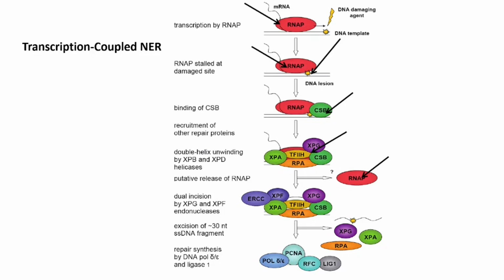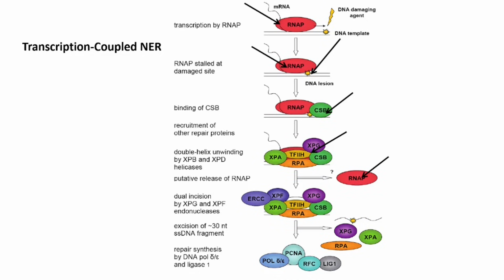Thus, the fact that non-coding lesions such as pyrimidine dimers and 3-methyladenine block transcription as well as DNA replication is useful to the cell in that these lesions stall the transcribing polymerase, which recruits the repair machinery, and the lesion is repaired on a priority basis.